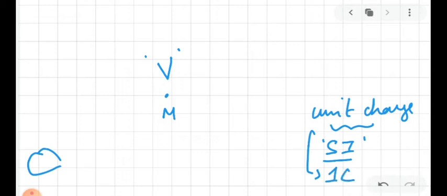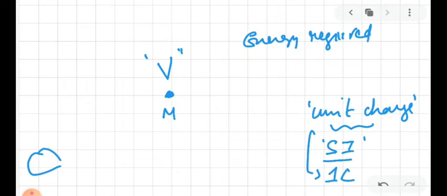So whatever your unit charge is, if it is here, the V is actually the amount of energy. It's again the amount of energy required.